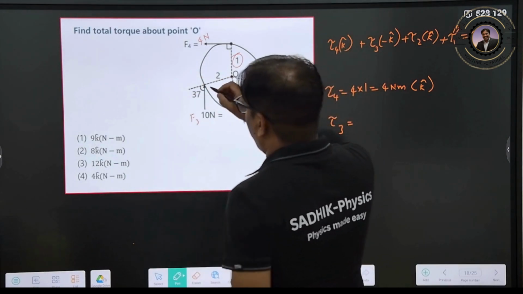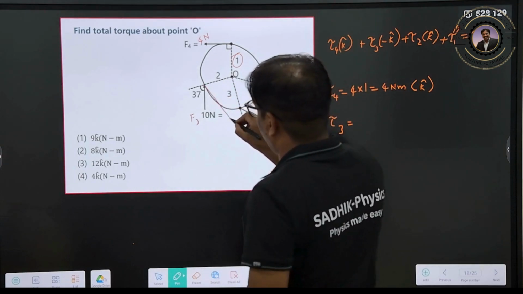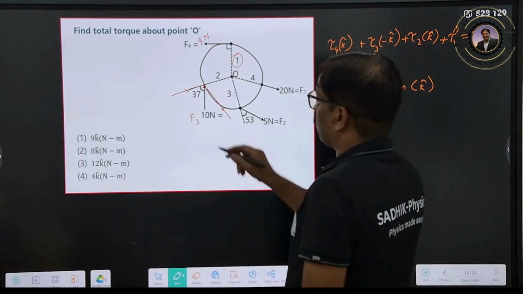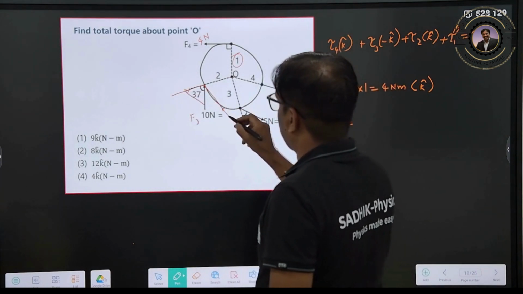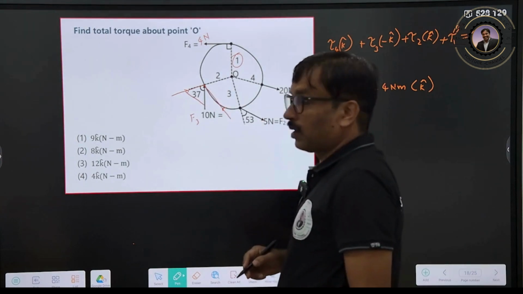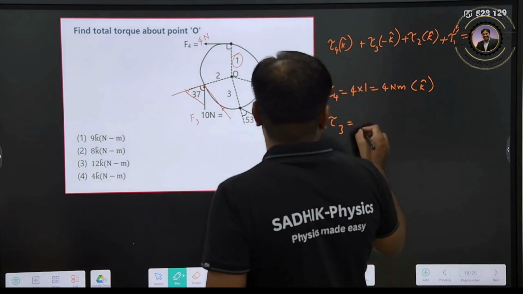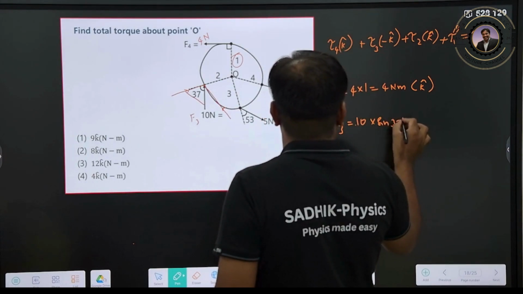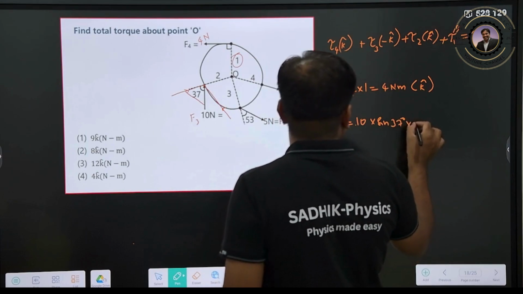This is your right opposite, therefore it will be sin theta. So F3 sin theta. Therefore 10 into sin 37 degrees into perpendicular distance, which is 2.